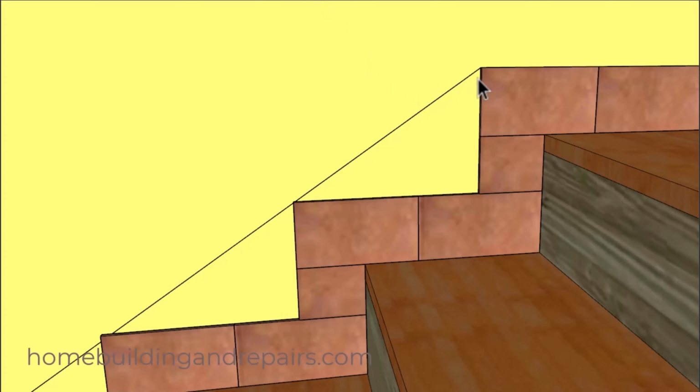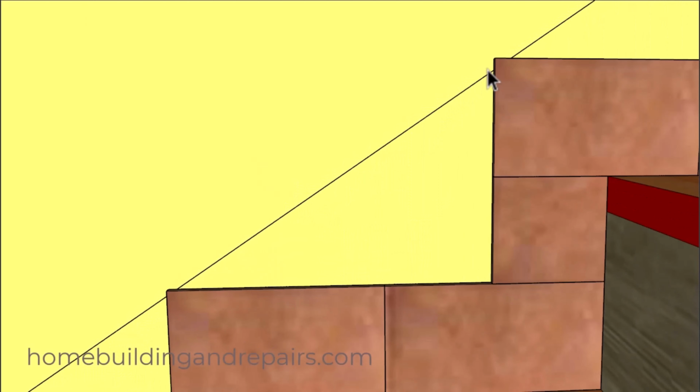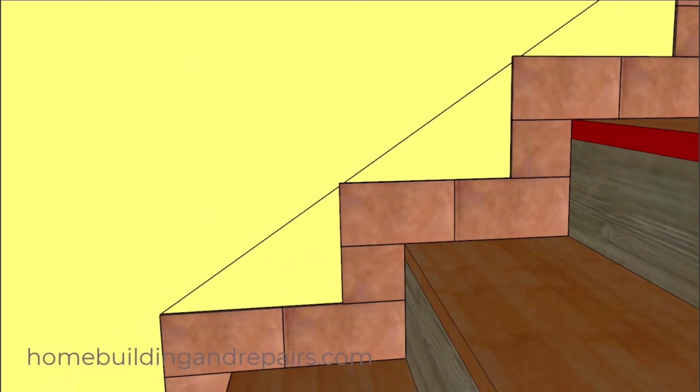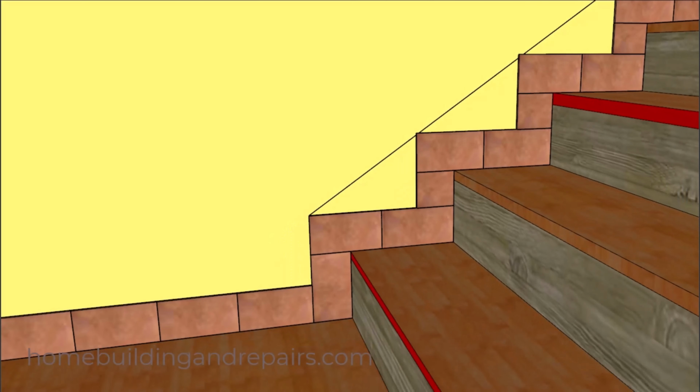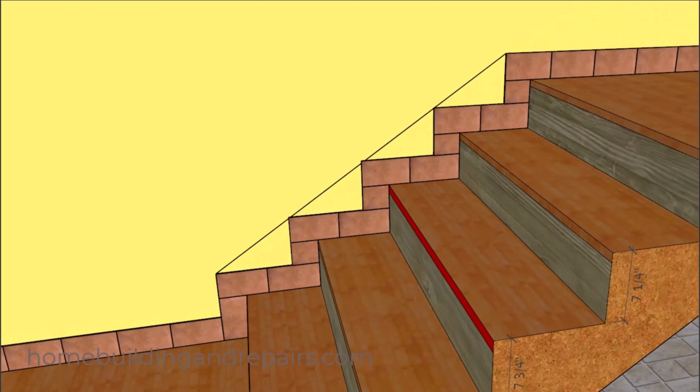And if you notice, the tops of the tiles don't line up with each other. If I was going to draw a straight line through here, which provides us with another benefit, I'm still using the previous example that I used with riser heights that are not the same height, in hopes of providing you with an easier way to install it than the previous example.